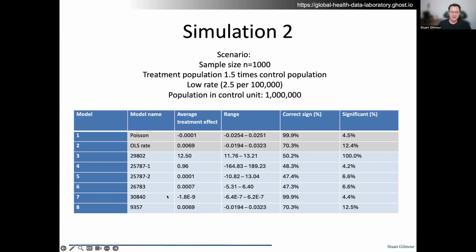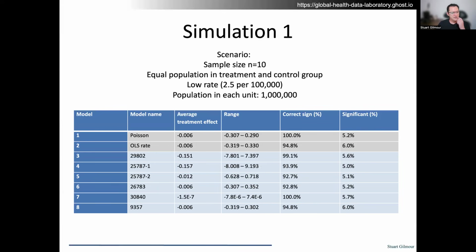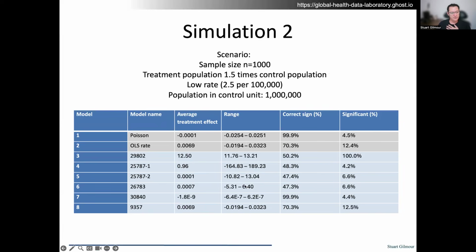So we should expect that these are minimal estimates of how badly these models behave. I was interested in how these models behave, particularly models 4 and 6, which seem to give very strange results for the sign and which have ranges of values which scale with the population size, right? So I thought I'd check what they do.